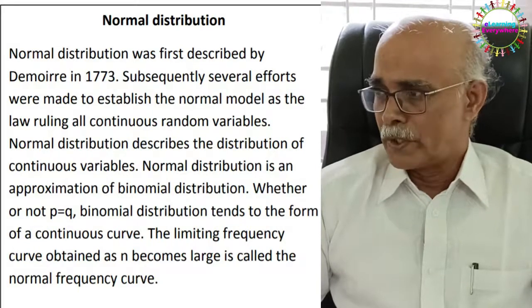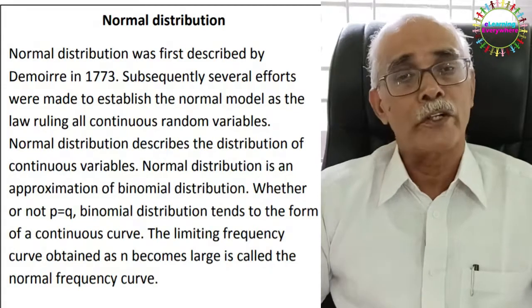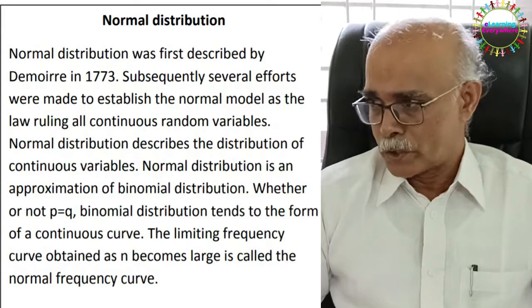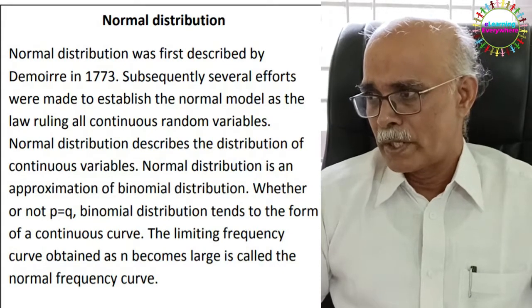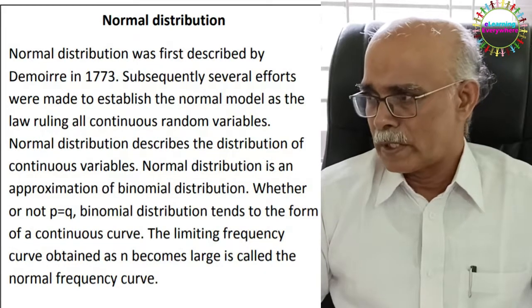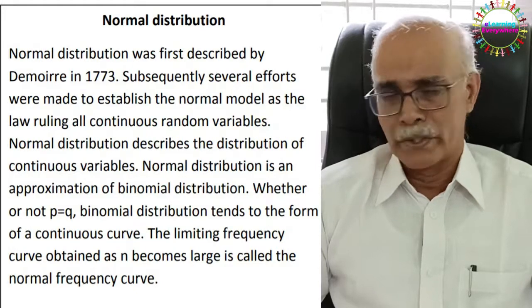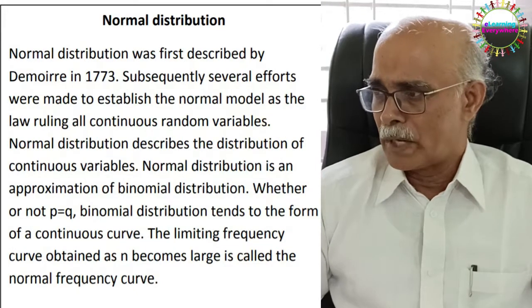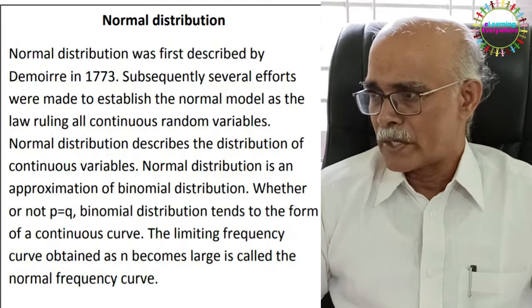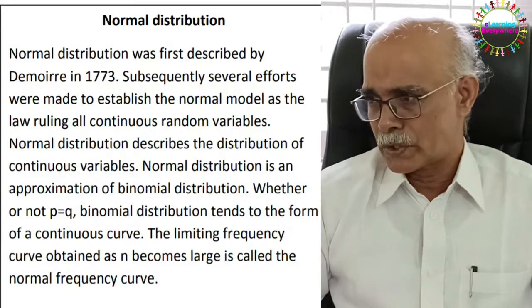And normal distribution is dealing with continuous events. Normal distribution was first described by De Moivre in 1773, and subsequently several efforts were made by statisticians to establish the normal model as the law ruling all continuous random variables.